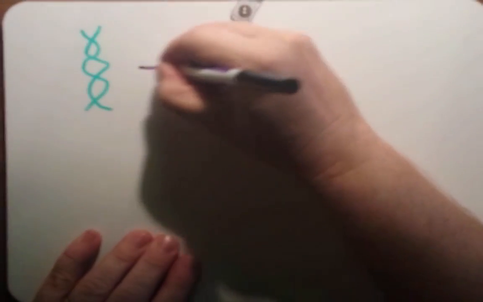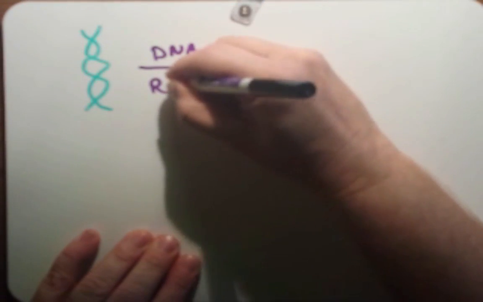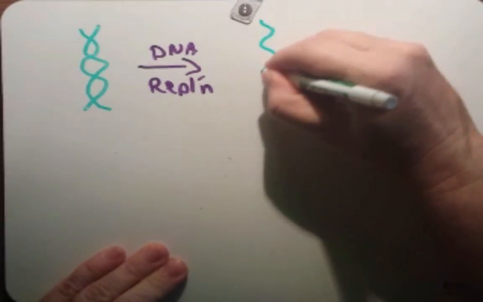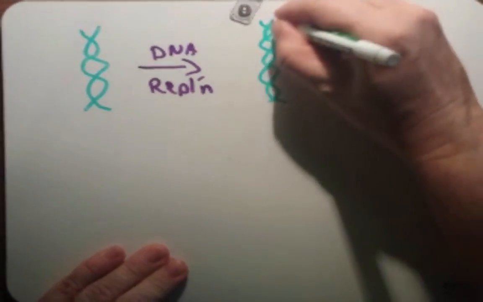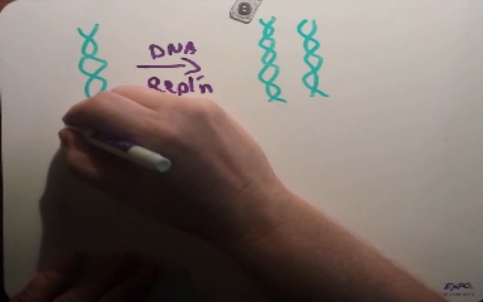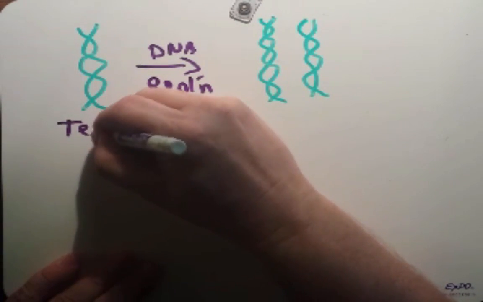We start off with our one copy of DNA here, and we know through the process of DNA replication that we produce two copies of DNA. We call this original piece of DNA that is going to enter replication the template DNA.